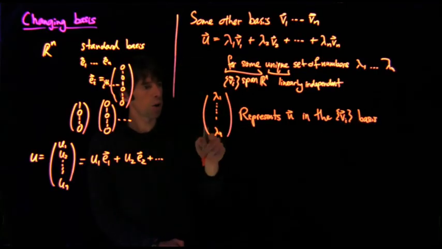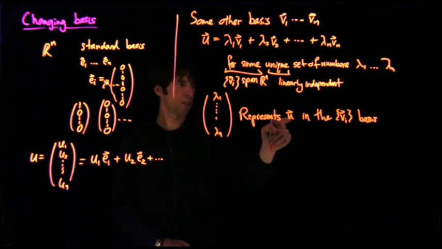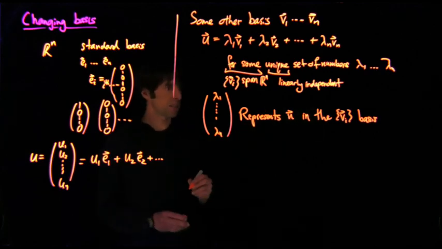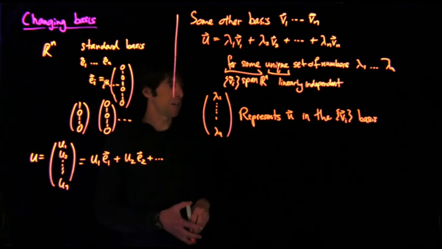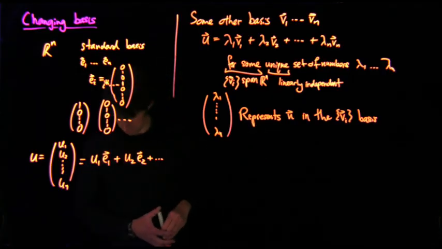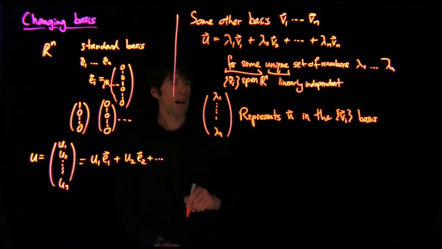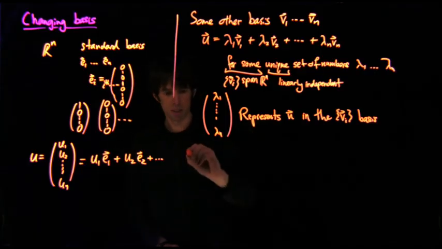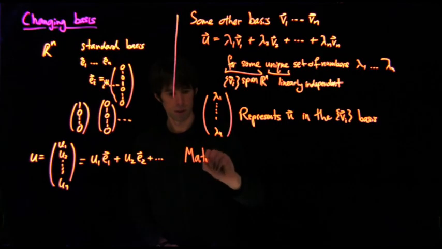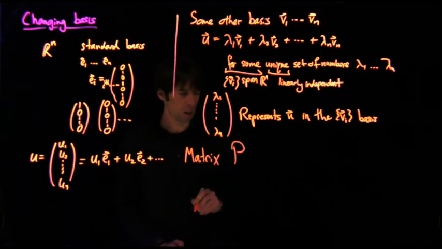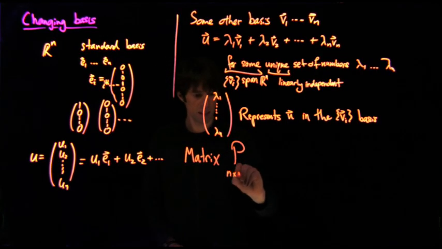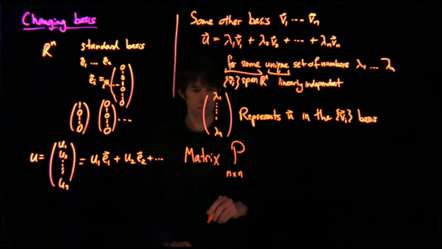And this list of coefficients represents this vector u in this basis given by the vi's, v1 up to vn. Now, given this basis, I can cook up a matrix. I'll call it P. This is going to be an n by n matrix.